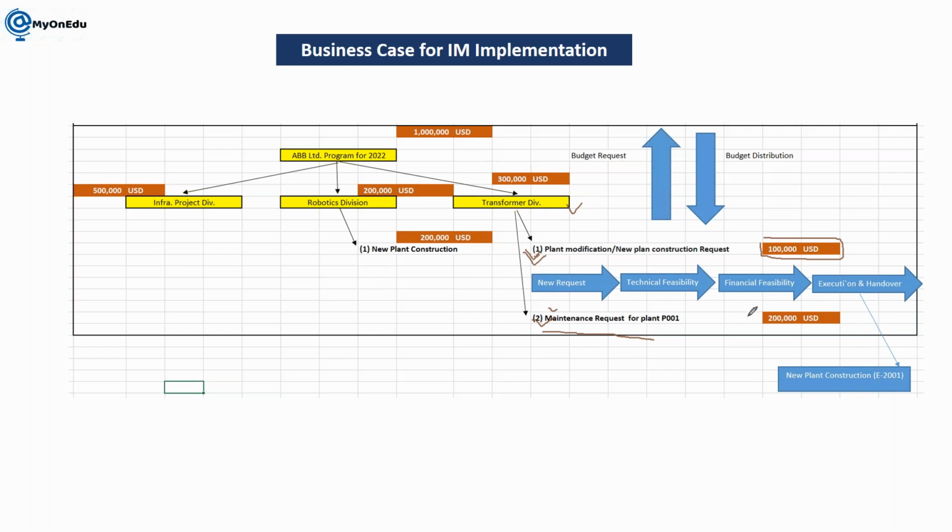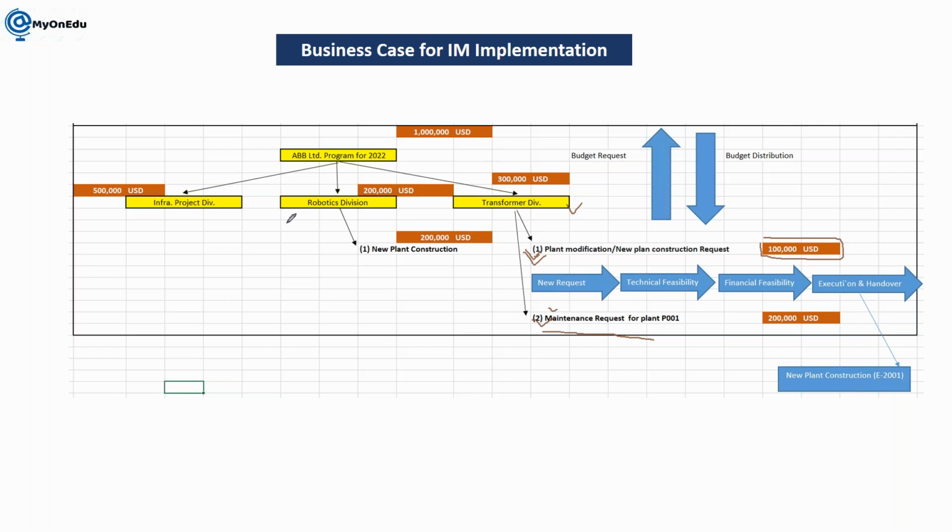Then it will go for technical evaluation, to check whether whatever is submitted is possible to implement or not. Let's take the case of robotics. When I'm submitting a proposal, I'm saying I need, let's say, the very latest technology. But when I analyze and check the feasibility, I come to know it is difficult to get this technology in the coming 5 years.